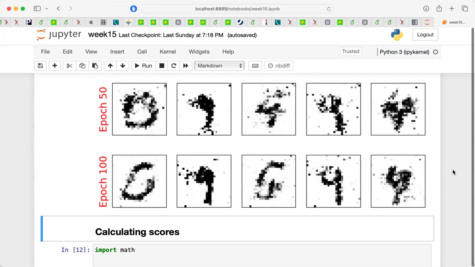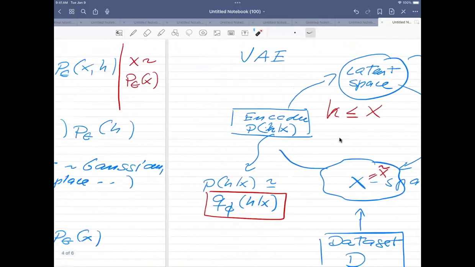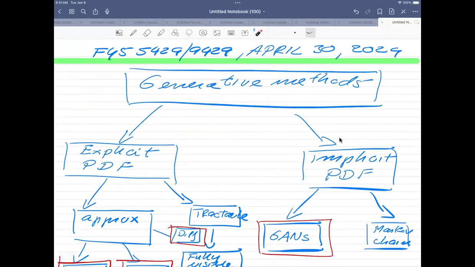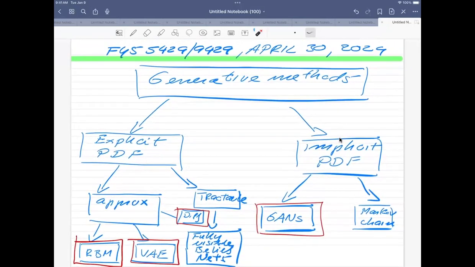And that's the main difference. If we go back to the original scheme which we set up in the very beginning, what we have in principle is a set of methods where we can either set up explicitly a probability distribution, like we did with a restricted Boltzmann machine or a variational autoencoder.